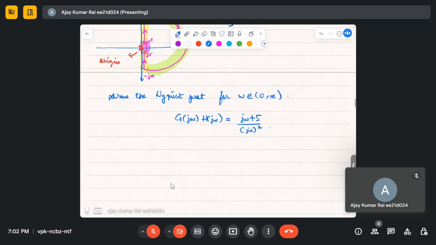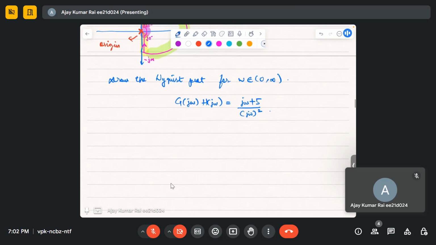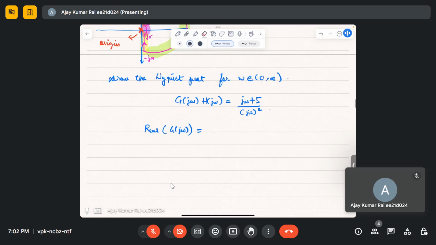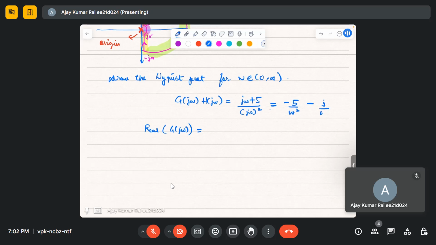Okay, from 0 to infinity. So what we used to do, what is the real part? So the real part is what? j omega square can be written like this, minus 5 omega square, okay, minus j omega by omega square is j by omega, correct?